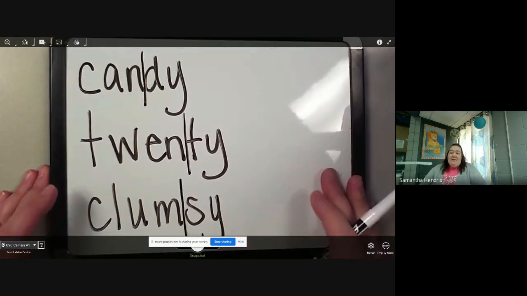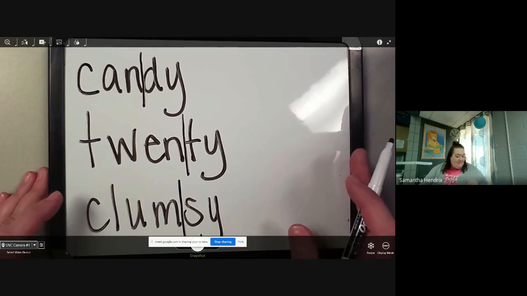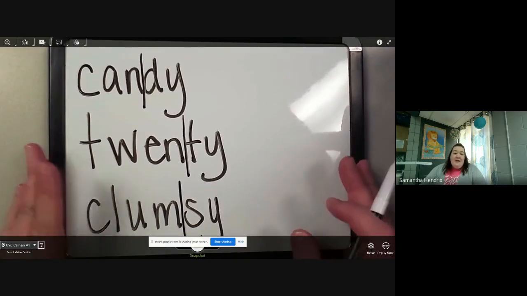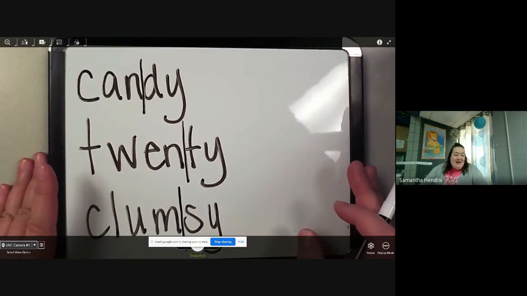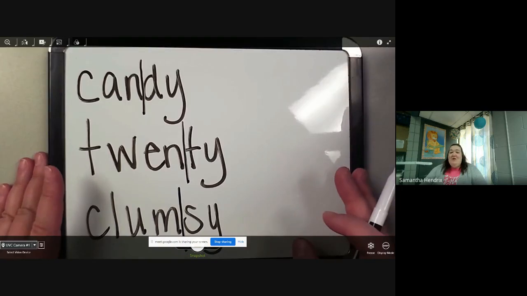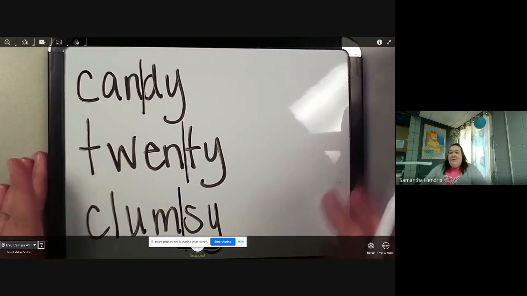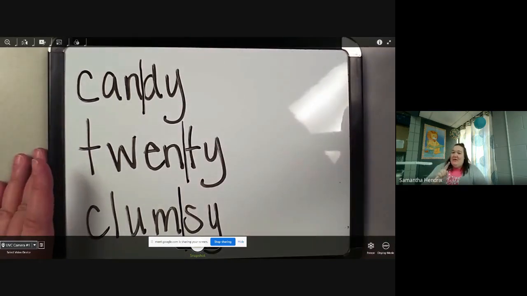Okay, so we divided our words. Now, we'll write these under the Y's because Y acts like a vowel when it is in the medial or final position. Okay, that was in yesterday's lesson. We didn't write a V under it because it was just a 1-syllable word.